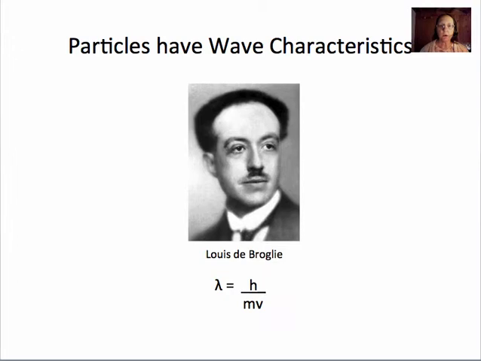This is because, according to de Broglie's hypothesis, the wavelength of a particle is inversely proportional to its mass and its velocity, with the proportionality constant being, once again, Planck's constant. So the larger the mass, the smaller the wavelength. Anything macroscopic, visible to the eye, has a vanishingly small wavelength, so that its wave properties are undetectable.